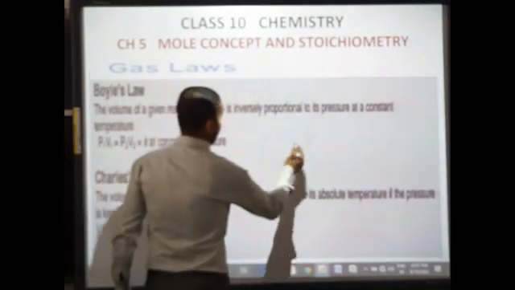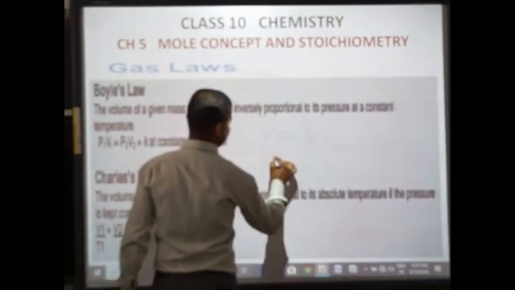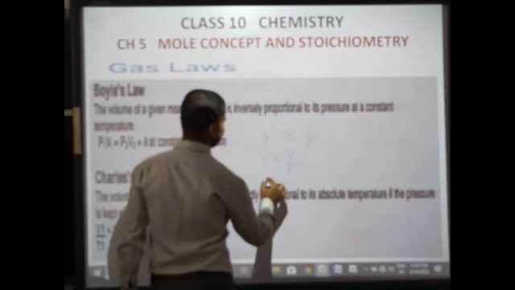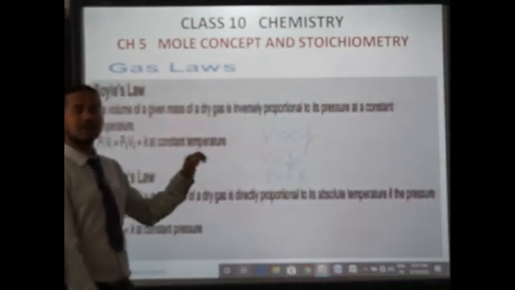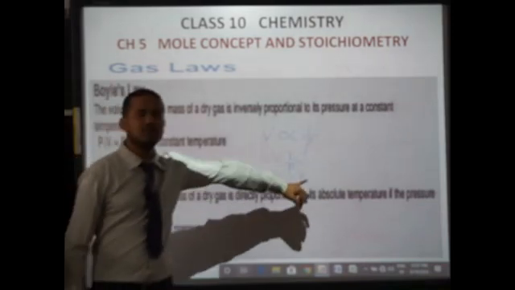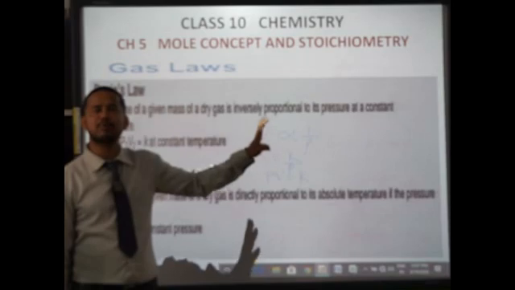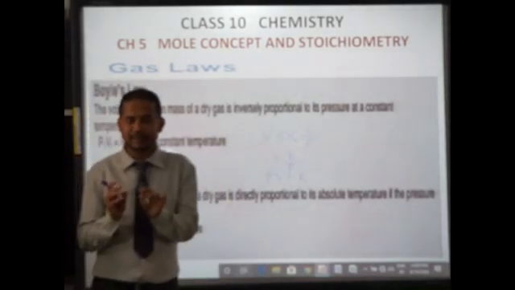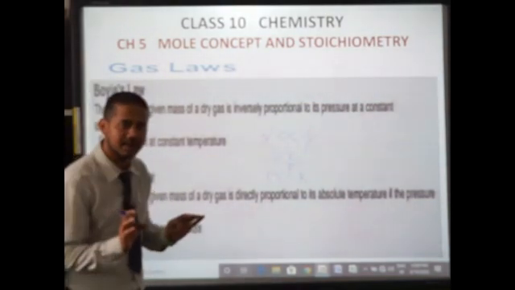And if we put a constant for this proportionality sign, then it will be V = K by P. Then we can write PV = K. That means the product of pressure and volume is always constant. Regarding the mathematical proof for this, we have already done it in class 9. So this is a simple, quick revision only.